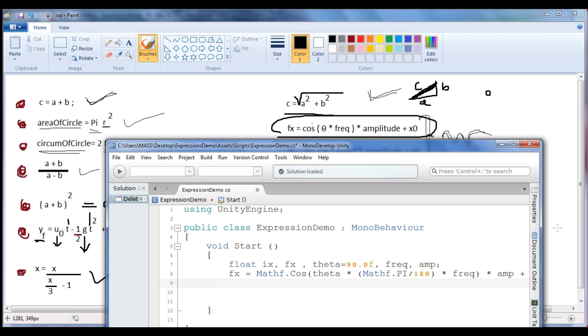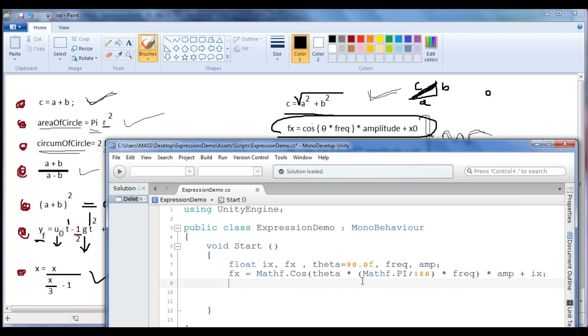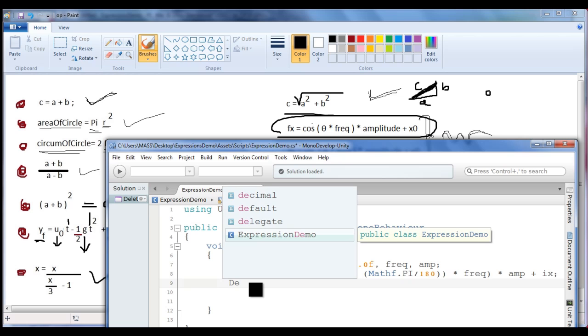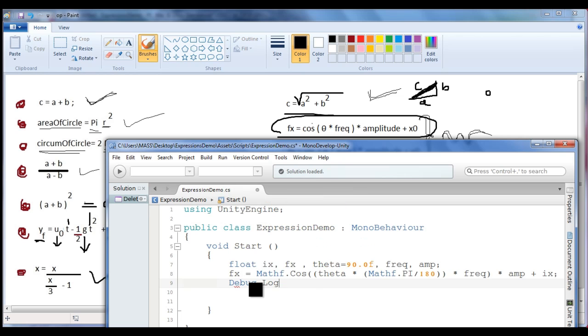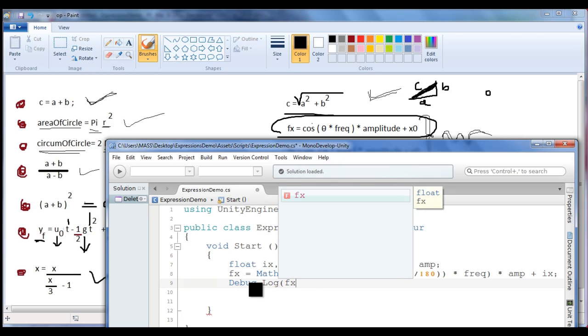This is how you are going to write a formula for this. Theta times frequency, this part you can put in a bracket because that will be much better. So this gives the radians multiplied by frequency, multiplied by amplitude, plus the initial position. Then you can Debug.Log the value of f of x.